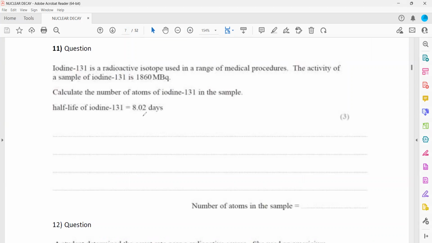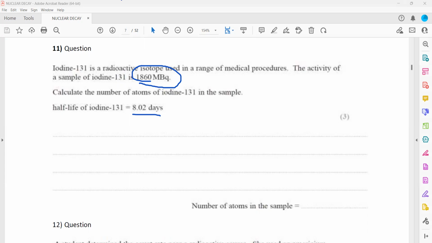Half-life is 8.02 days. So we have the original activity, and half-life is also given, and we have to calculate the number of atoms of iodine in the sample.